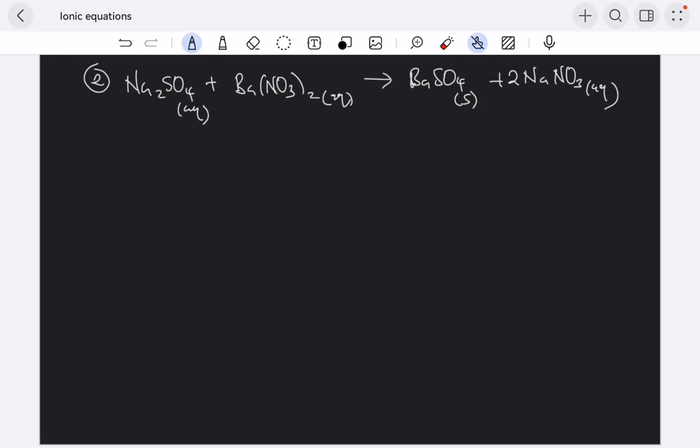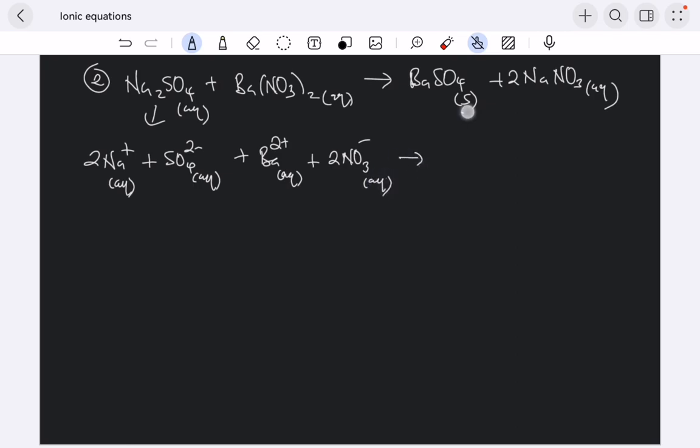All right, so when we start the dissociation, the dissociation of this will give us 2Na+ aqueous and SO4 2- aqueous, plus this will be Ba2+ aqueous plus 2 NO3- aqueous. Then this is a solid, you're not going to do anything, it remains barium sulfate as a solid.